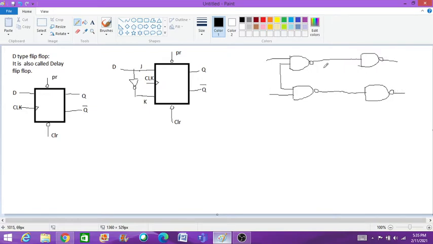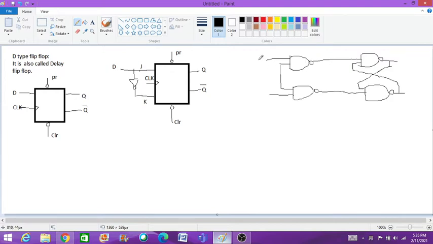This is Q and this is Q bar, and they are connected back as inputs to the circuit.